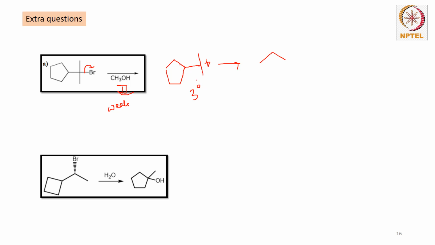This is the highest stable one because it has 3 alpha hydrogens. And so our product will be this one, and CH3OH. Not OH, CH3OH.